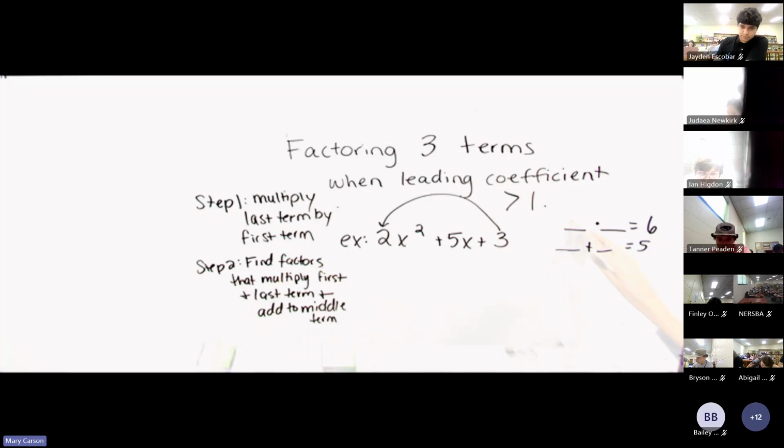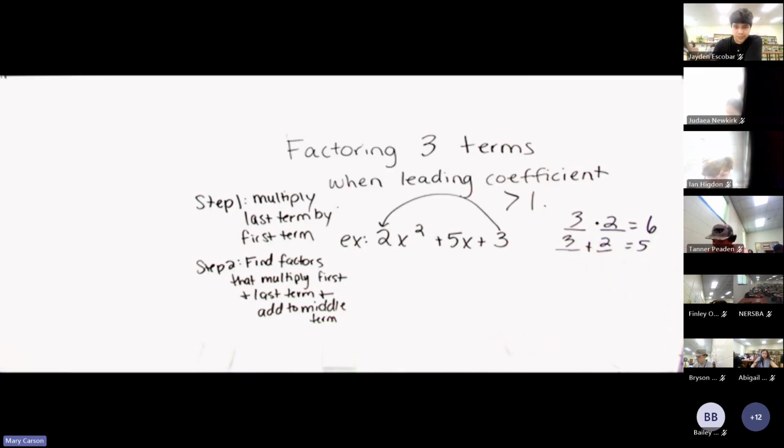So two numbers that multiply to give you the 3 times the 2, which is 6, but add to give you the middle term, which is 5x. So what would that be? Good, Anna. 3 and 2.